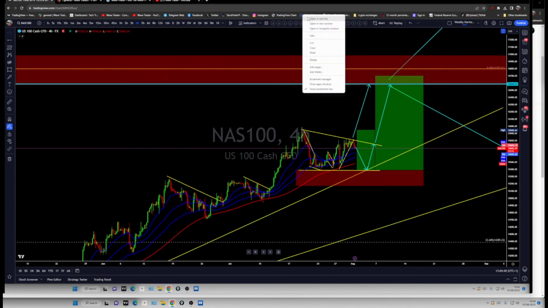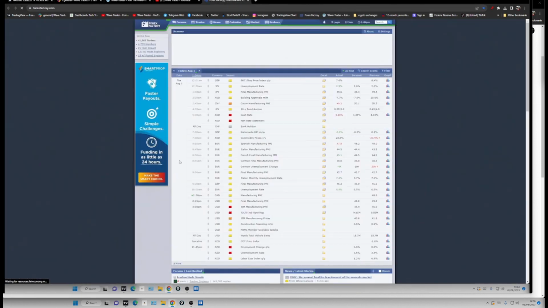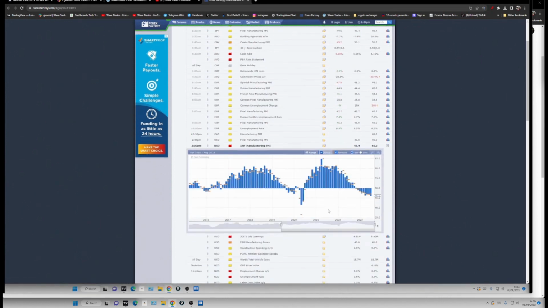If I look at the calendar, we have a couple of news releases today. One of them is the ISM manufacturing, and the other is the job openings. The trend for both data is dropping. We can see that higher rates are biting the manufacturing sector.